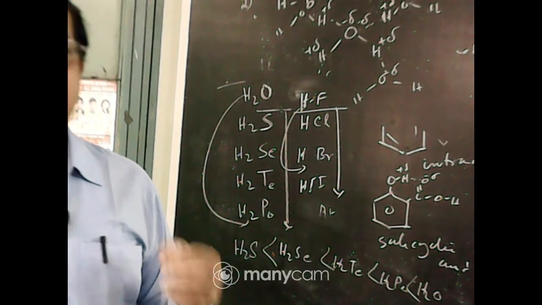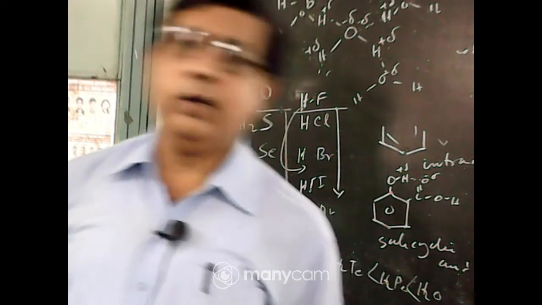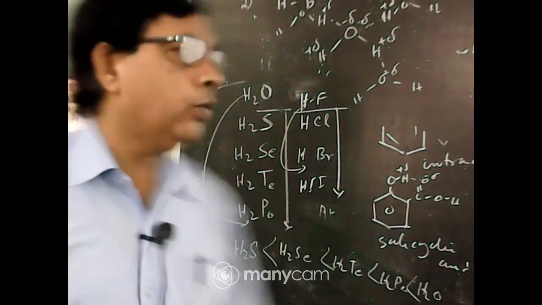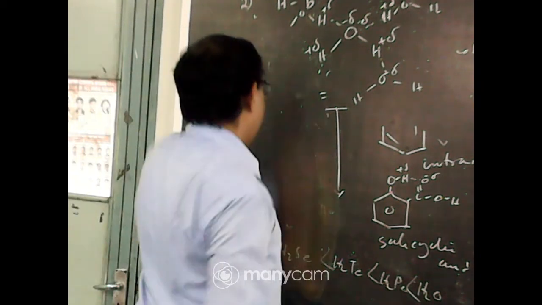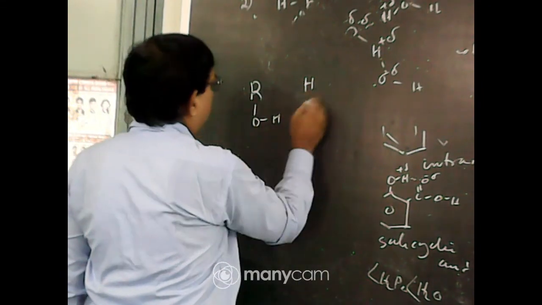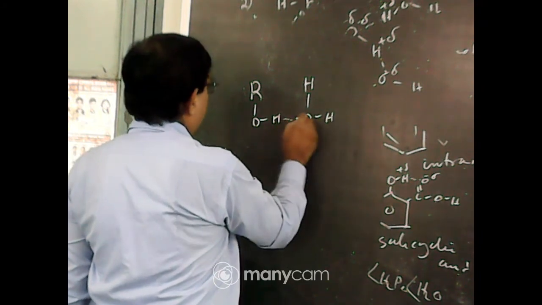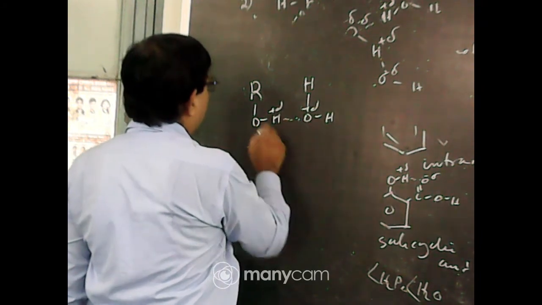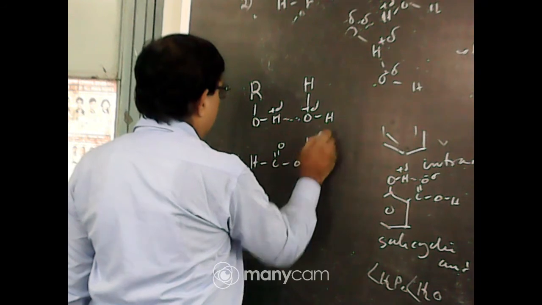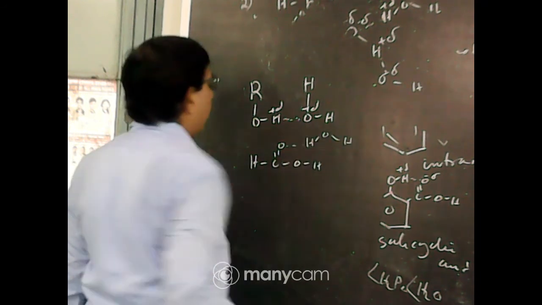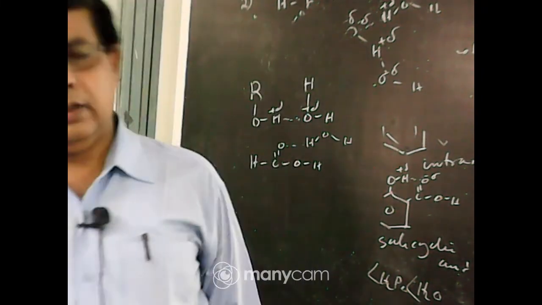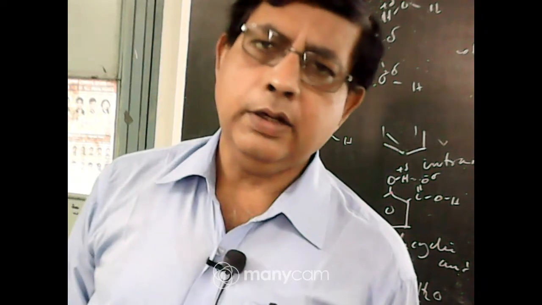These covalent compounds are soluble in water because they can form hydrogen bonds with water molecules. For example, alcohol ROH and water HOH, a hydrogen bond is formed. Similarly, acid RCOOH and water HOH, a hydrogen bond is formed. So due to the formation of hydrogen bonds, many covalent compounds are soluble in water. So these are some importances of hydrogen bonding.